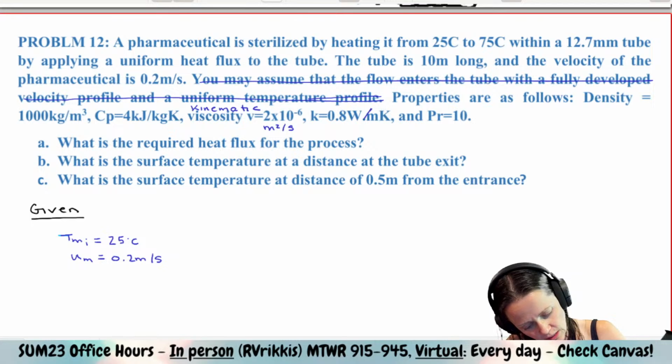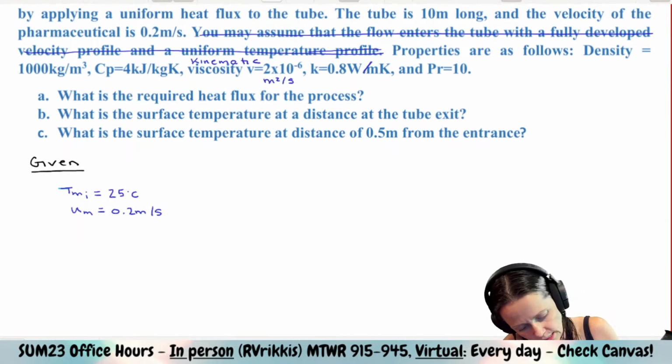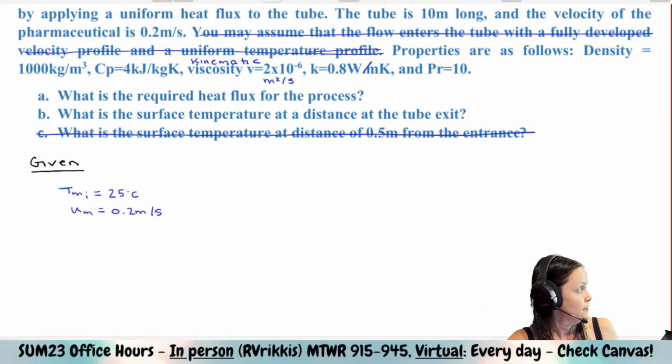And that's a thermal conductivity of 0.8 watts per meter Kelvin. Okay. So we want to know, and I'm going to cross this guy out actually, and you'll see why in a hot second.